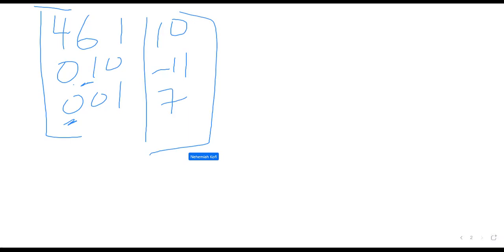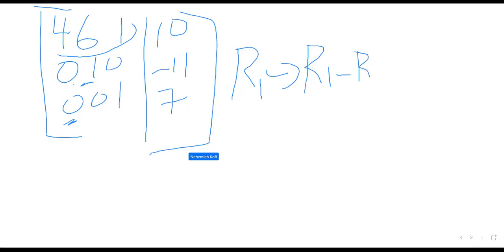So now I want to change this row to look like the identity. Let me start from the 1. So row 1 is equal to row 1 minus row 3.